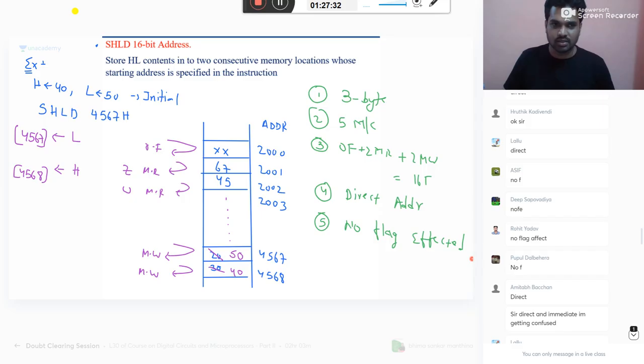Last, one more instruction in your data transfer group of instructions.